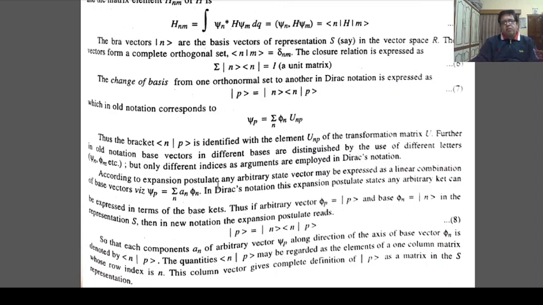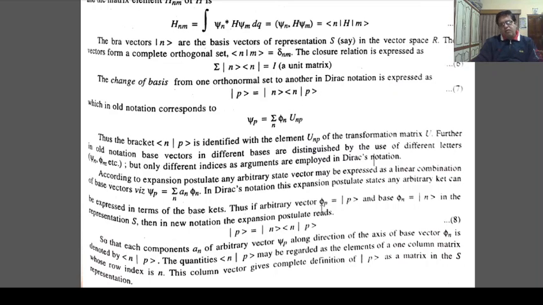According to the expansion postulate, any arbitrary state vector may be expressed as a linear combination of base vectors: ψp equals summation φn. In Dirac's notation, this expansion postulate states any arbitrary ket can be expressed in terms of the base kets.